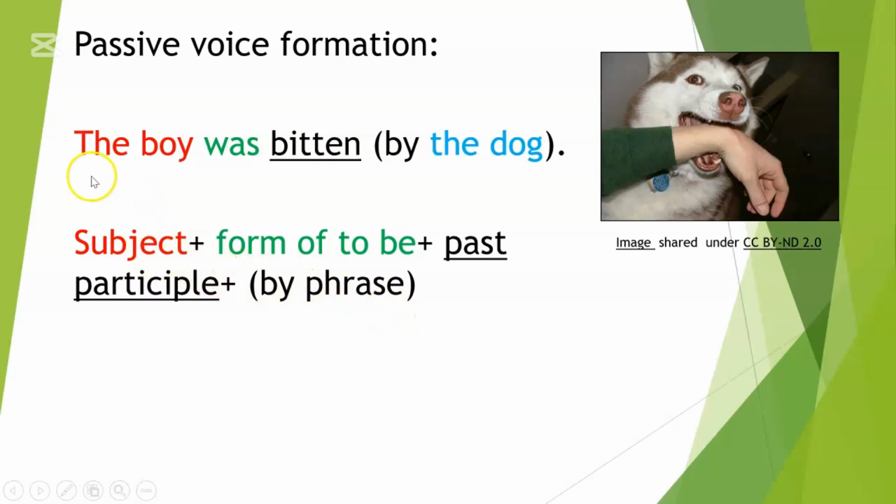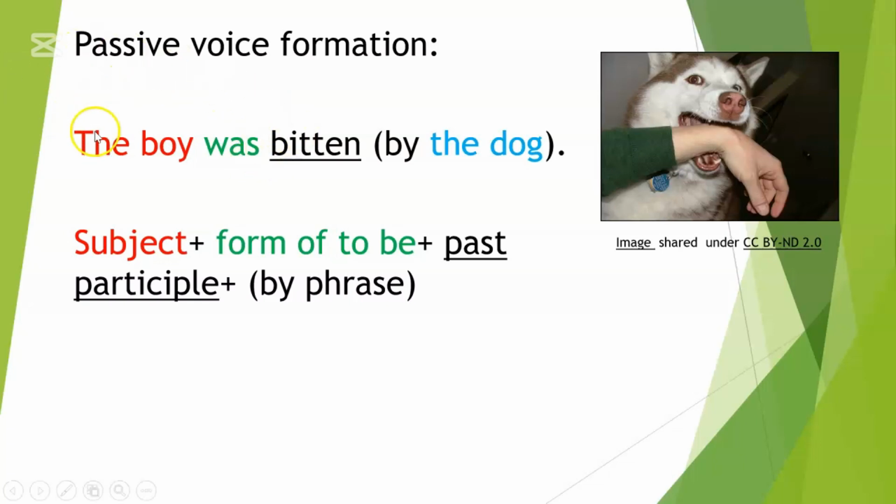The reason why I say some form of to be is because we can use the passive voice in any verb tense. Here, we can see it in the simple past. And actually, all of the sentences in this video are in the simple past, but you can use passive voice in any verb tense.